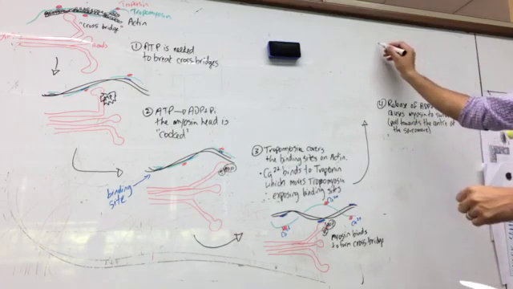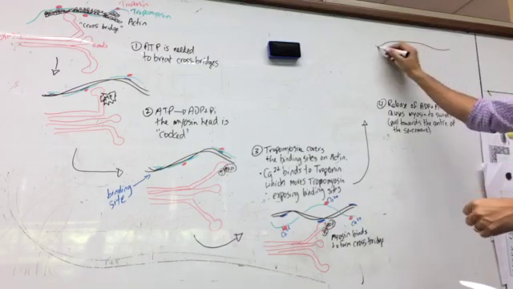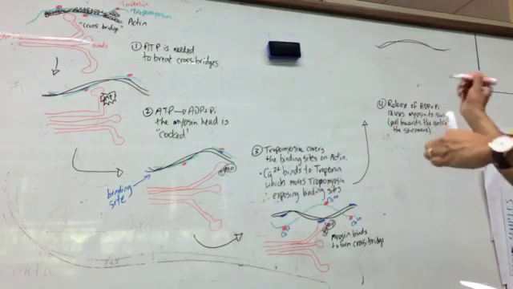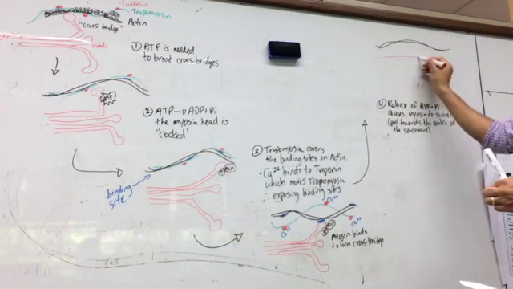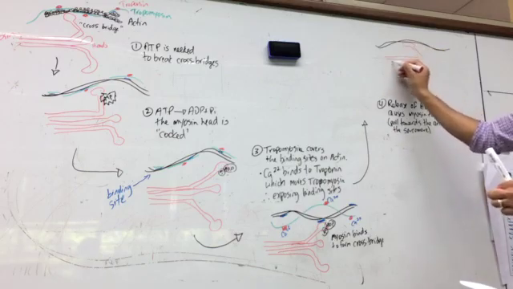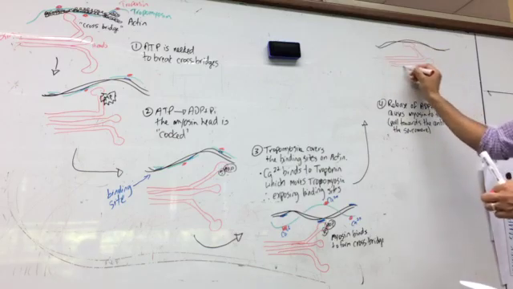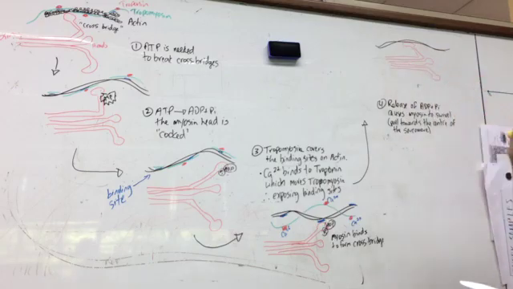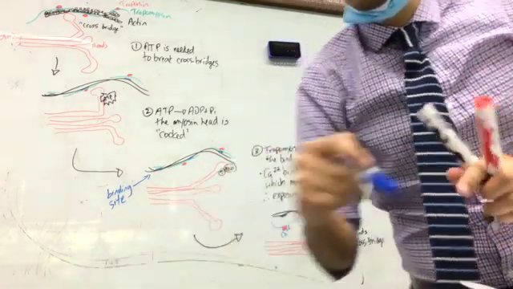So how would that look? The myosin head is now back to its original position, like this. It's still bound, exactly. That's very important.